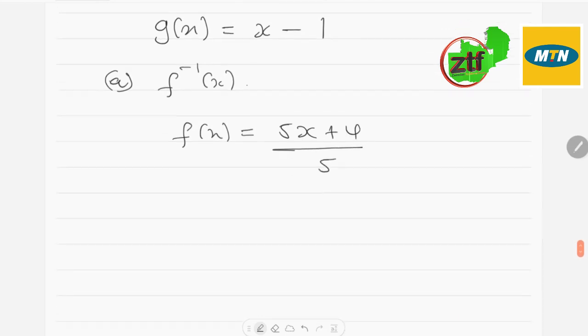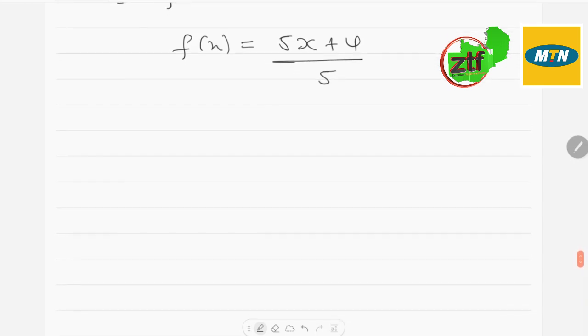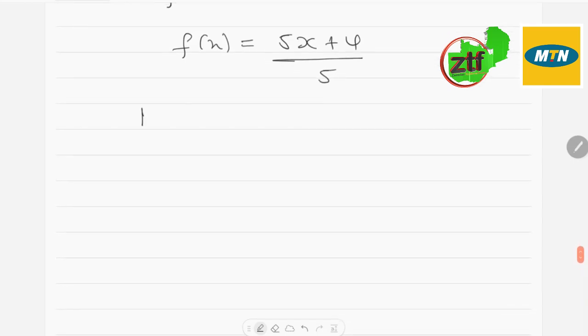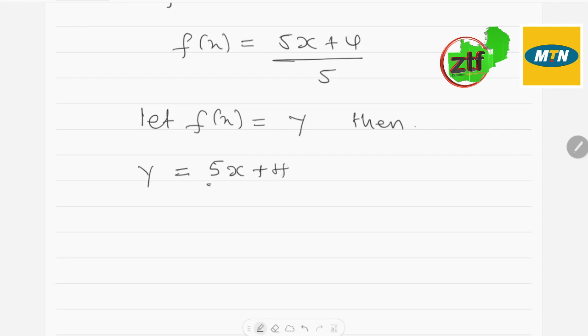So the first thing that you do, you let f of x be equal to y. Then y will be equal to 5x plus 4 divided by 5.